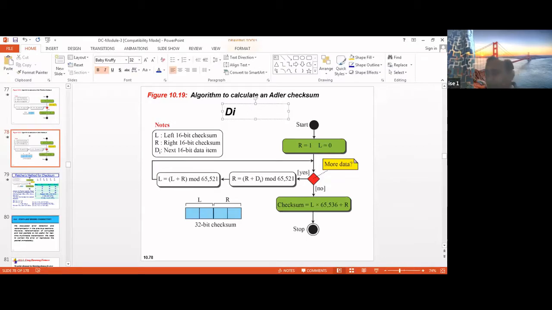So the numbers are 16FC, then 3B2D, then next number 49A6. Calculate the checksum.